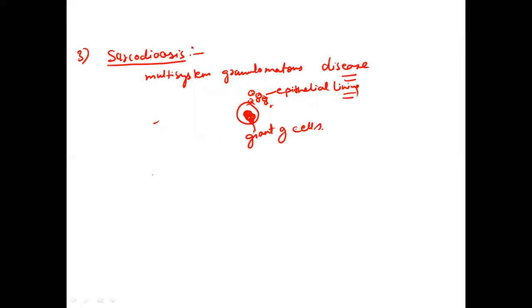And the test for it is the Kveim-Siltzbach test. It has a different name, so it is very easy to remember: sarcoidosis with the Kveim-Siltzbach test, right?